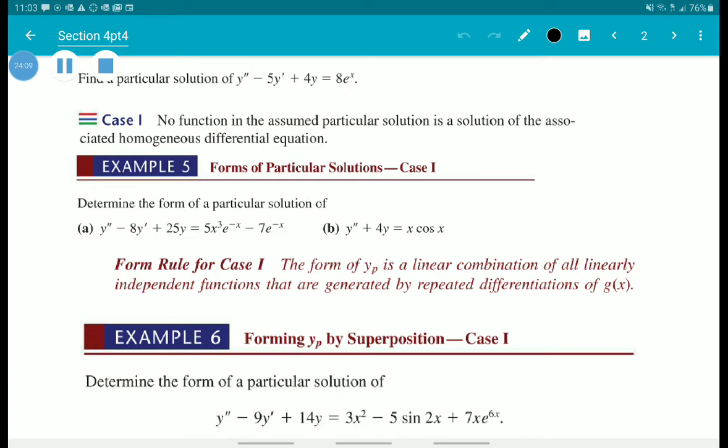So let's practice that a little bit and let's look at example 5. We're just looking at what that form is going to look like for the particular solution.